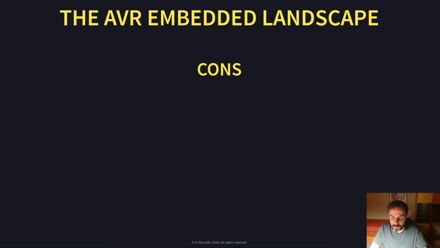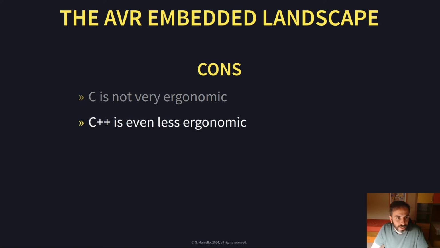Now, some cons. These are quite subjective in part, but in my opinion, C is not very ergonomic. It shows its age when put side by side with other modern languages. C++ is even less ergonomic in my opinion. I don't like to program in C++ quite a lot.